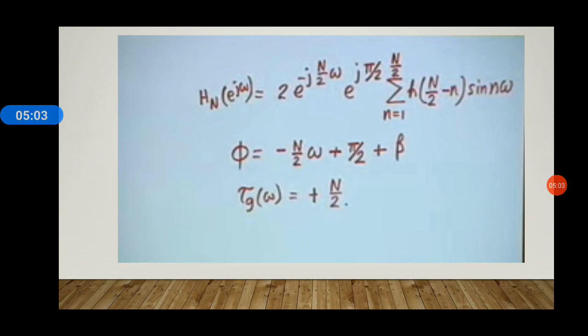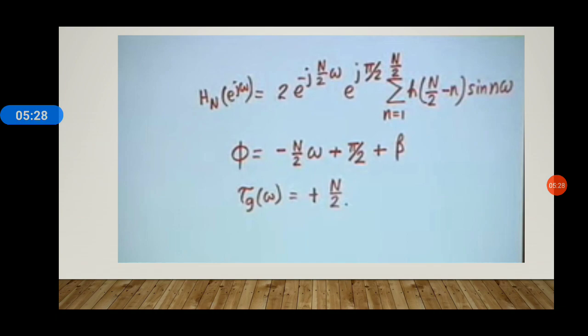Where phi is equal to minus N by 2 omega plus pi by 2 plus beta, the phase for the pseudo magnitude part. Now if we take the group delay, it again comes up to be minus d phi d omega, that is plus N by 2, which is again a constant.